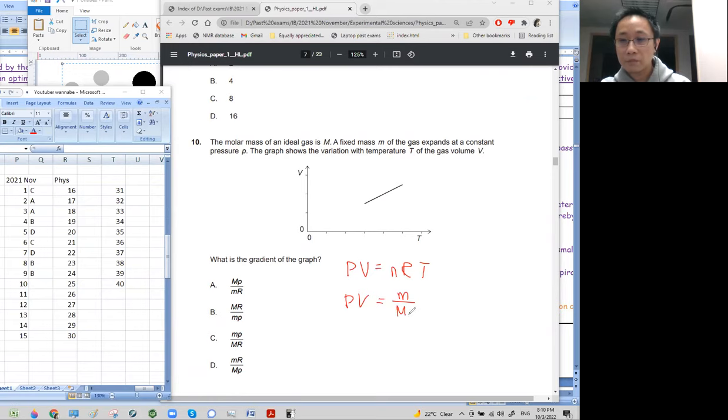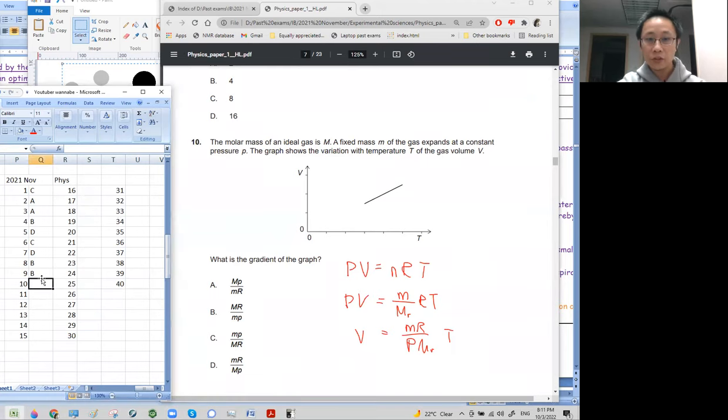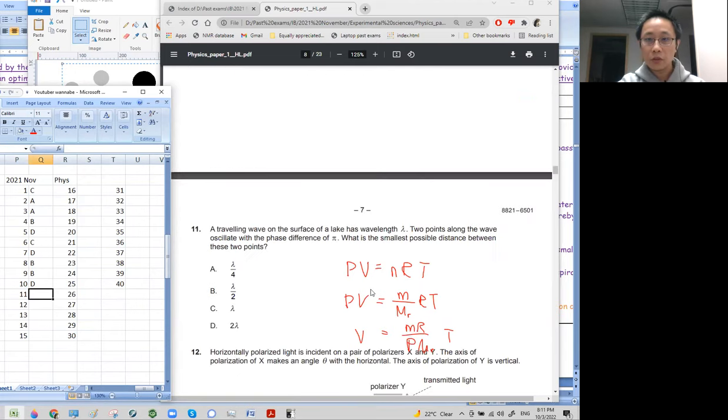Because capital M is, I'll just write MR. And then the gradient, well, let's just make V the subject first, because V is clearly the y-axis quantity. So the gradient should simply be small m times capital R divided by pressure times MR, and D looks like the correct answer. So the notation is a little bit confusing, but overall it's not a difficult question.